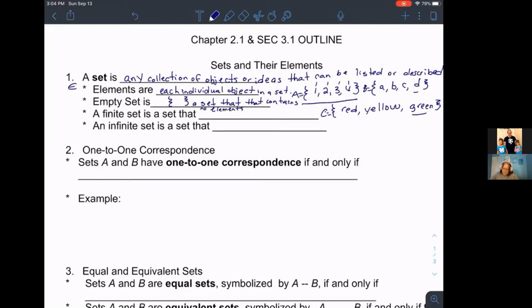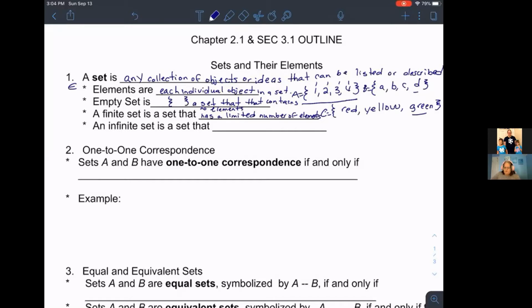A finite set is a set that has a limited number of elements, which could be like, let's say, the number of people in a classroom, or the amount of girls in a classroom. It'd be a finite set, only a certain amount can be in that class.